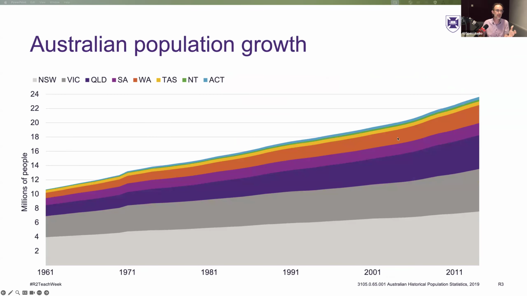So for an example here, if you have a graph for population growth in Australia, on the surface this looks really great. Nothing wrong with it, you'd think. You say, oh yeah, if you look at the orange section, you can see WA's progression. The problem is, someone who's colorblind may see the orange as very similar to the yellow, so they won't know the difference between them.